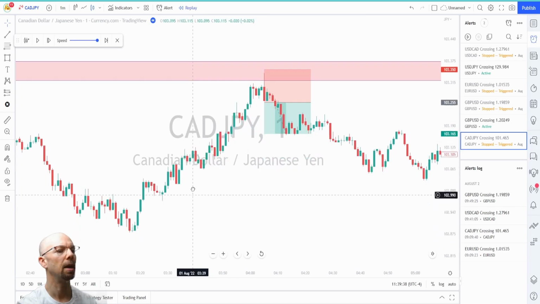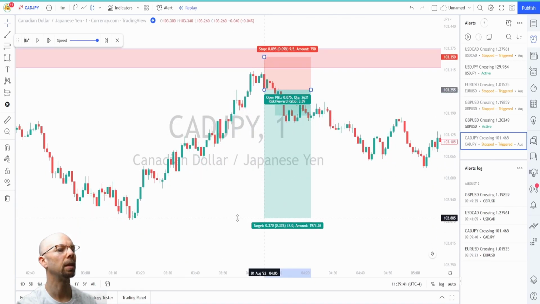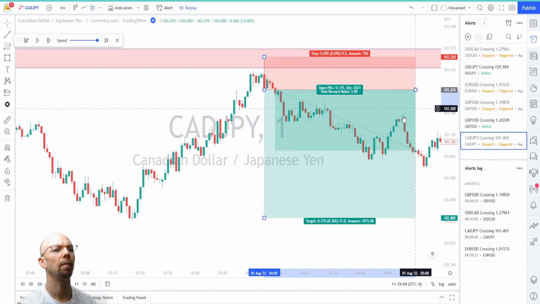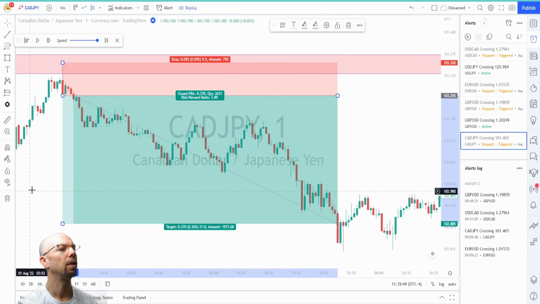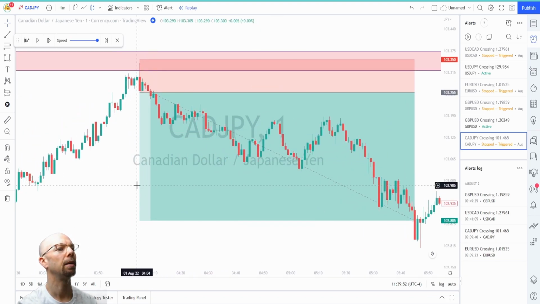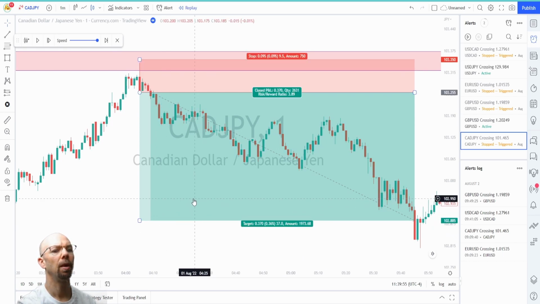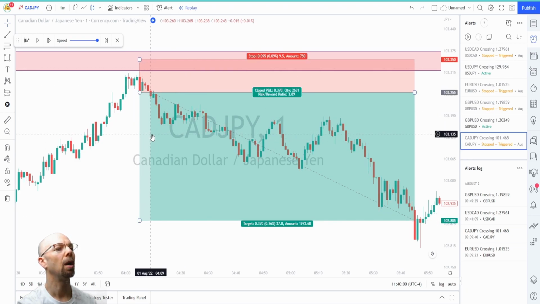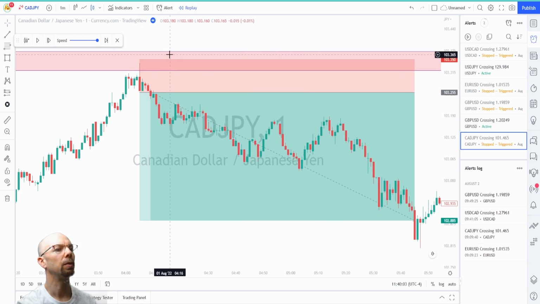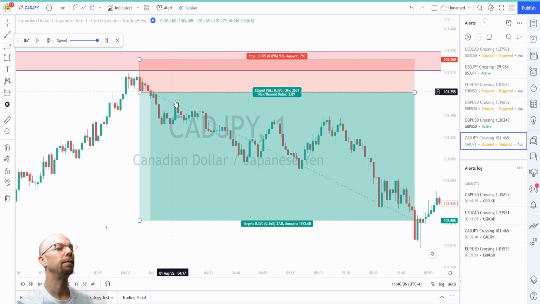And now what I would be aiming for is the low. And run this across here. We can see that with this trade, even if you would have managed the trade at a 1-to-1, so you would have moved your stop loss to break even and taken partials at a 1-to-1, usually I take 25% and then just let it run to see if it hits the take profit.